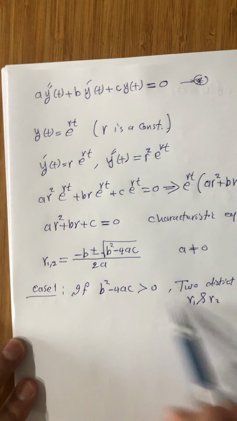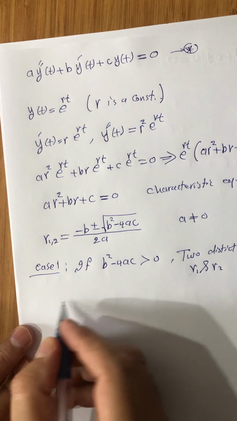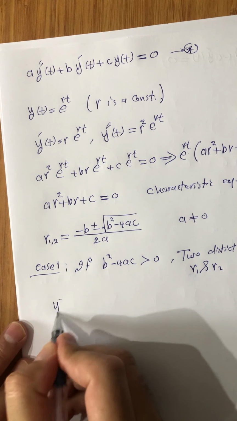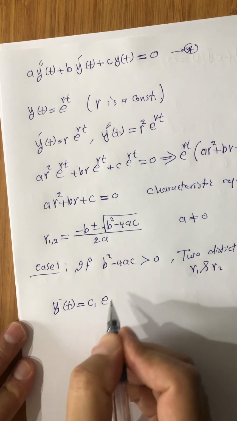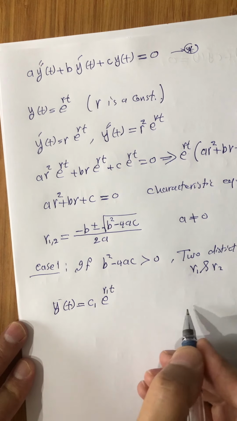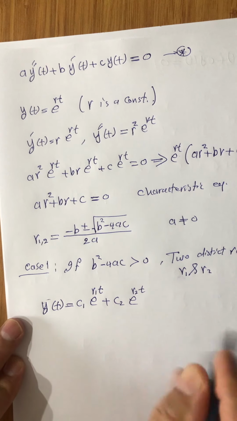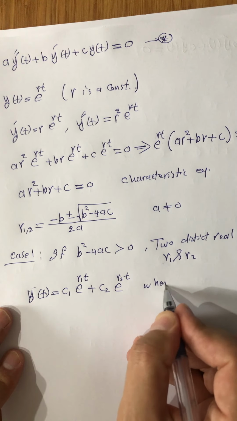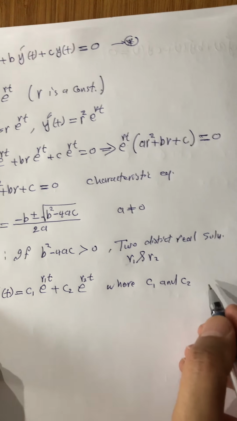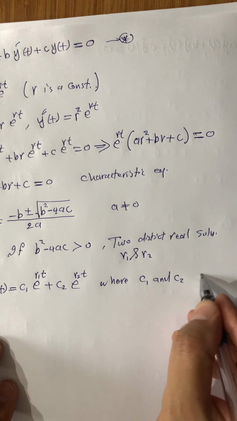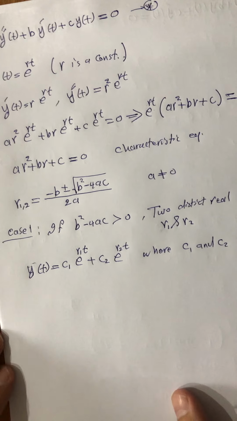Then the general solution of this differential equation is y of t equals c1 e to the r1 t plus c2 e to the r2 t, where c1 and c2 can be any real constants.